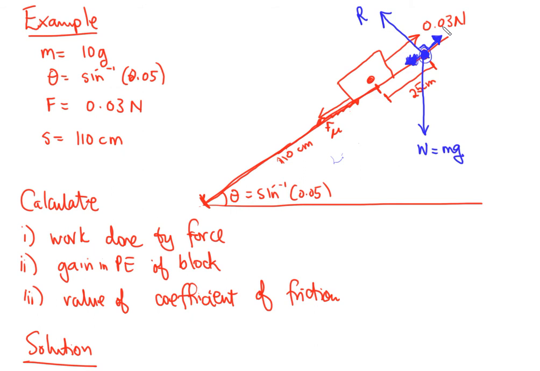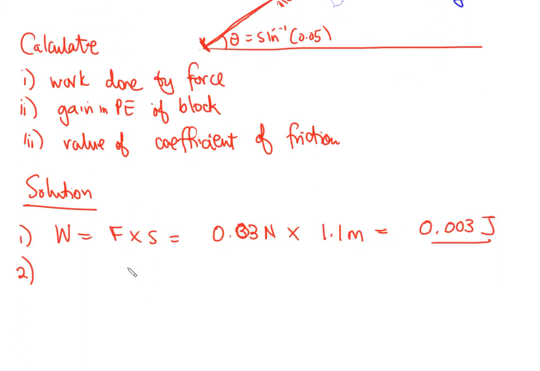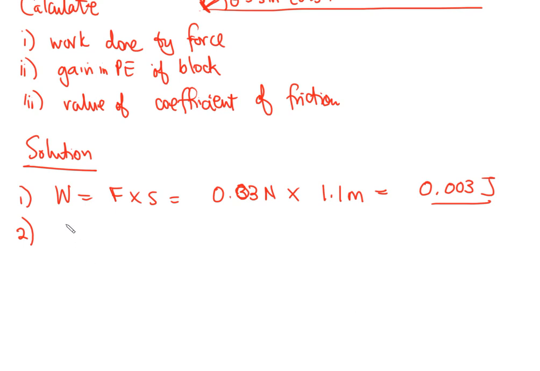What is the gain in potential energy? Very good question. Let's calculate that. The gain in potential energy is going to be equal to, when we did potential energy in our previous videos, we said potential energy is equal to mg times the height above the ground.